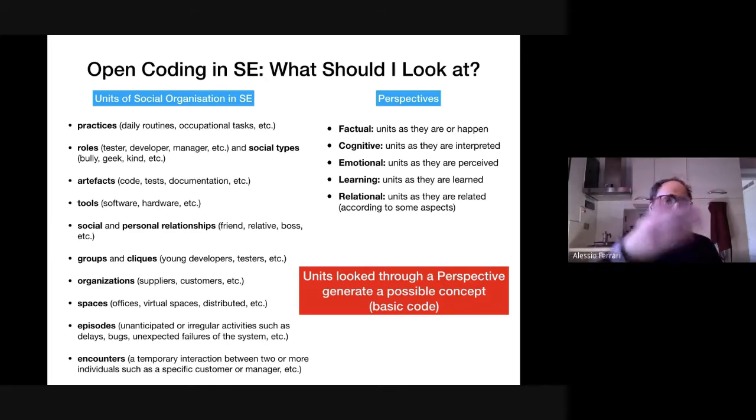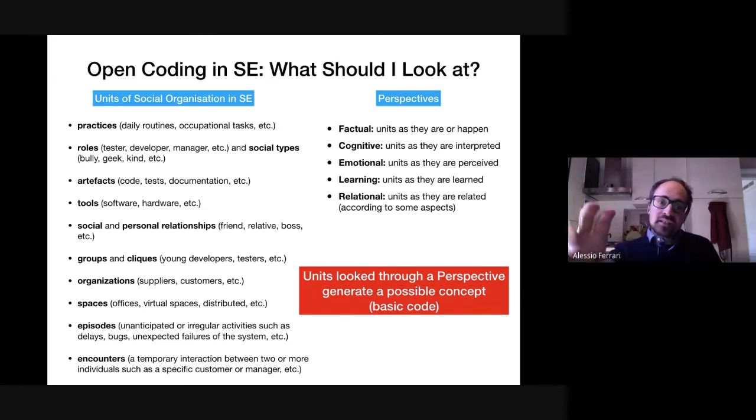The units may be practices, roles, artifacts, tools, groups and cliques, so teams, organizations, spaces, episodes, encounters. So this is just a list, with associated examples, of units that may be relevant to you.